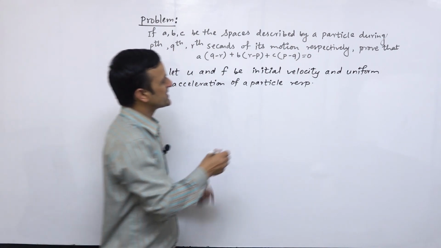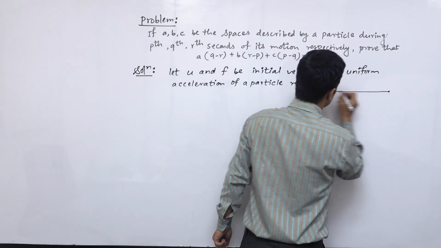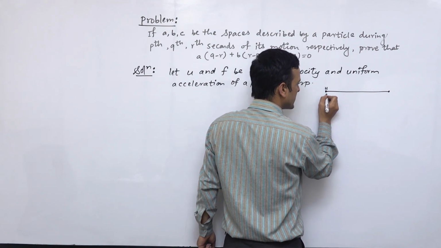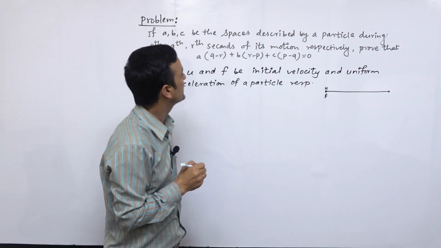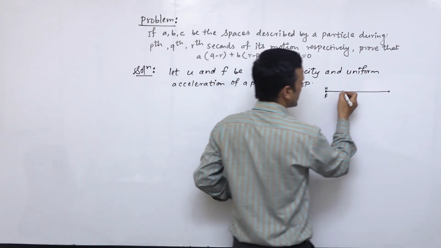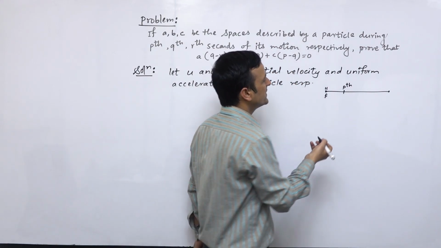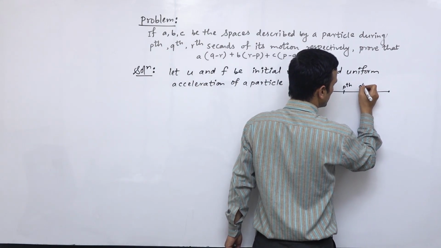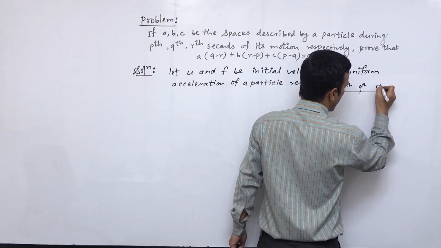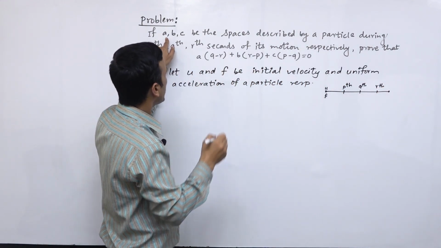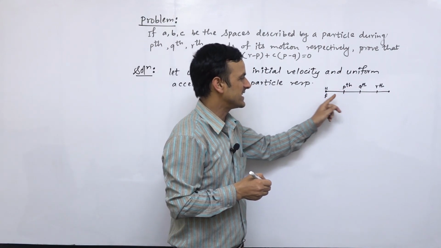So we have the distances over here. If its initial velocity is u and the acceleration is f, then in the pth second, and this is the qth second, and this is the rth second, the distance covered by that particle for the pth second is a.